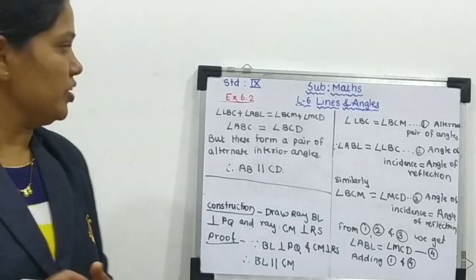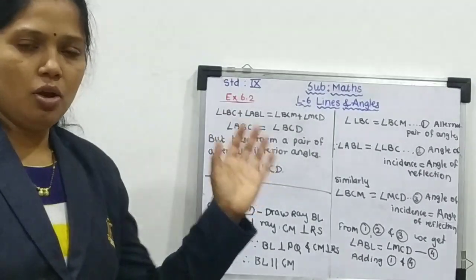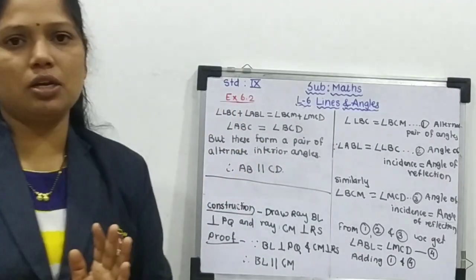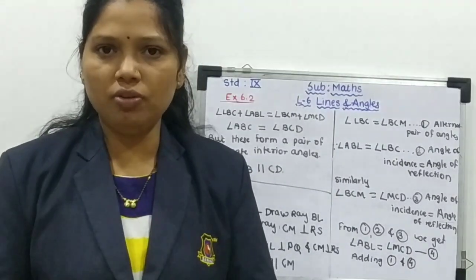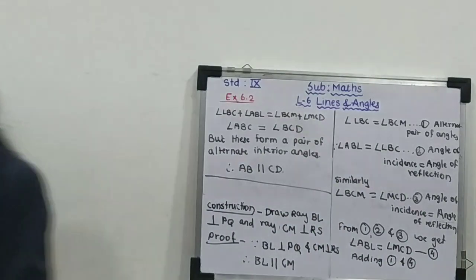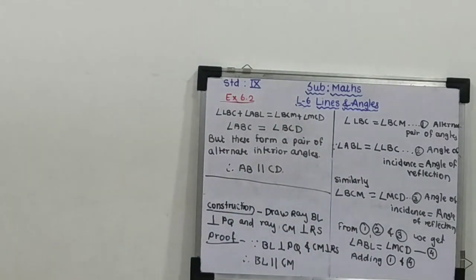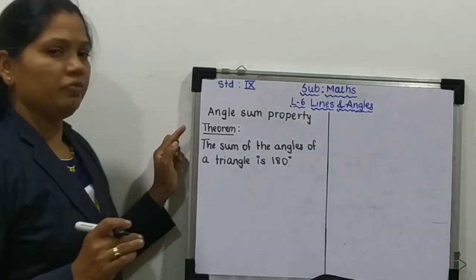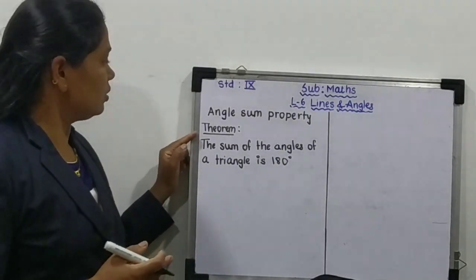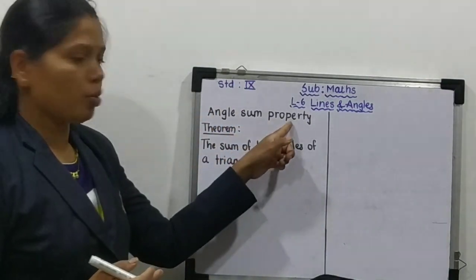We will write that theorem, the new theorem which is asked in the exam repeatedly, so we are going to practice it also. First of all we will write the statement. See student, this is the new theorem, the angle sum property.